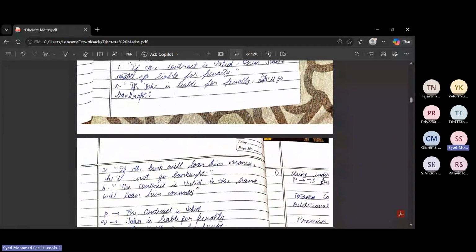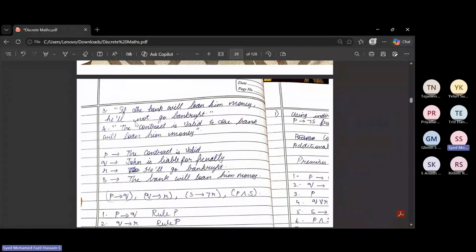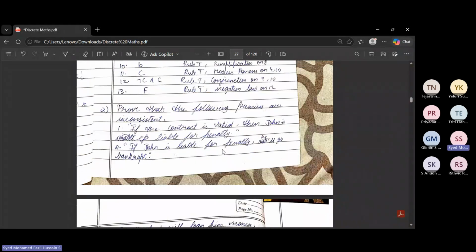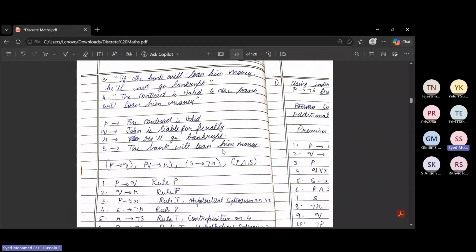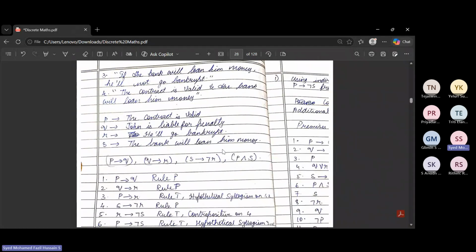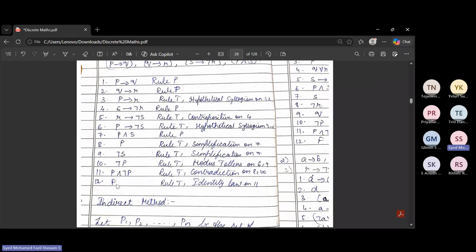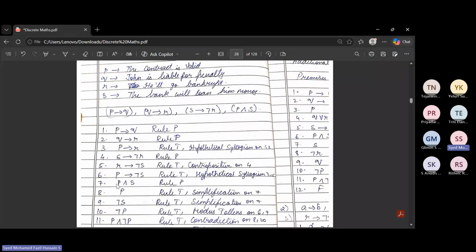Here an example of three premises is given, and from that we have to conclude and say that it is inconsistent. If we get false as the final statement, we can say that it is inconsistent.